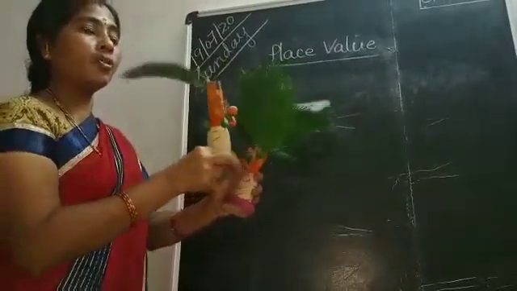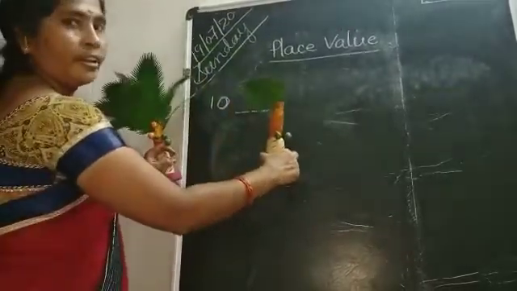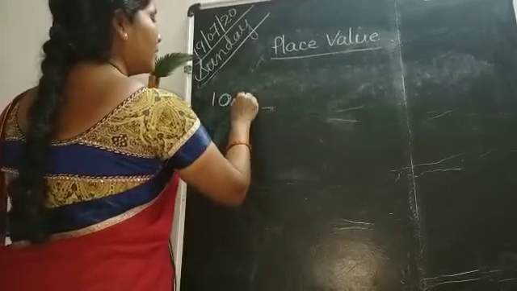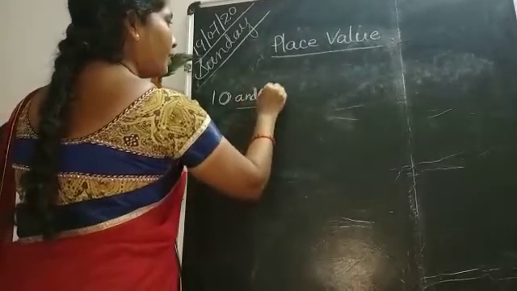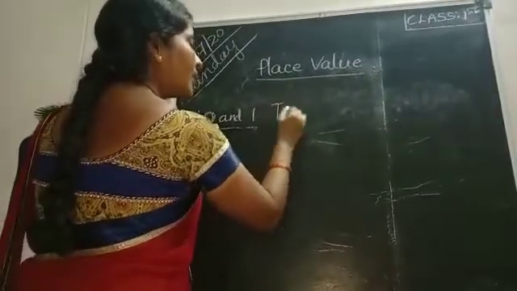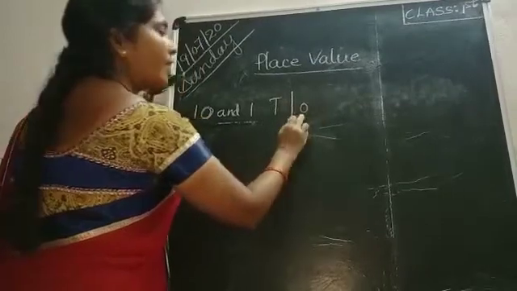See, count how many now? Here one 10. 10 and 1 means, see here, T for tens, O for ones.